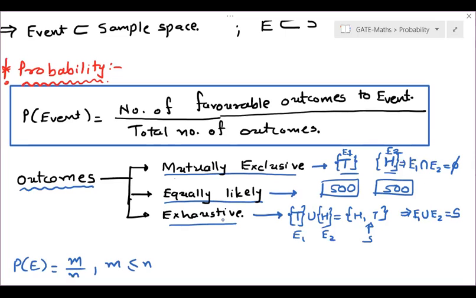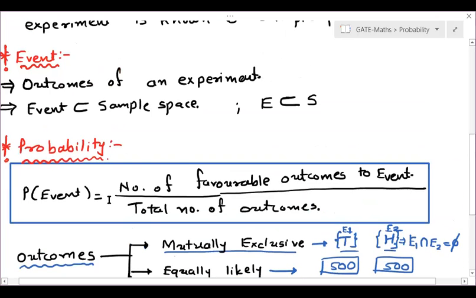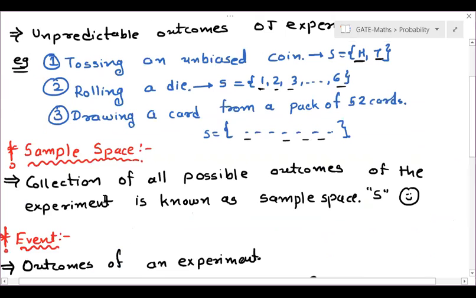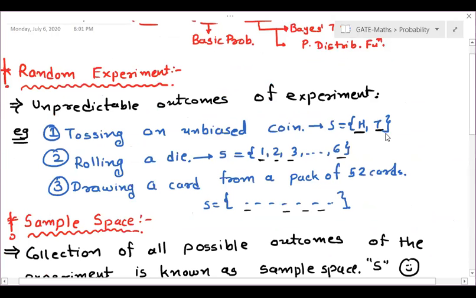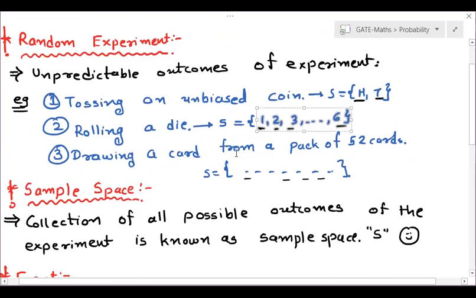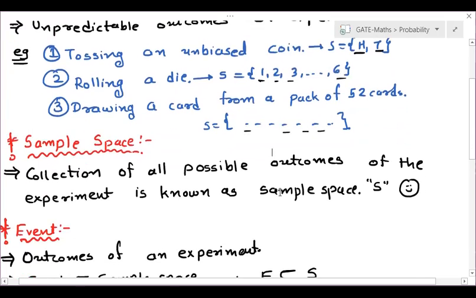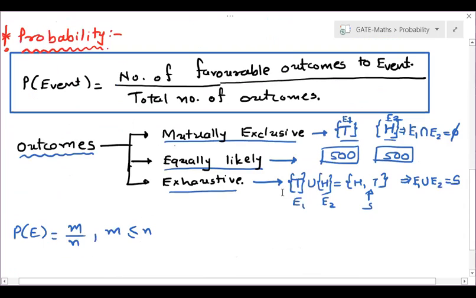For equally likely, all the elements of the sample space should have equal chances. Here we have two elements, so both should have equal chances. Here there are 6 elements, so all 6 should have equal chances. Here all 52 should get equal chance. Is it clear?